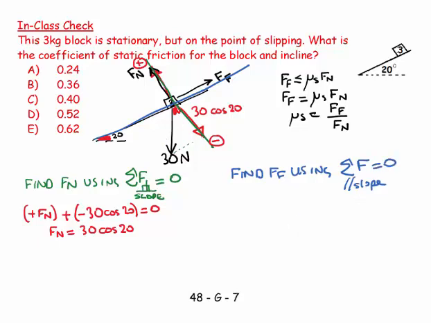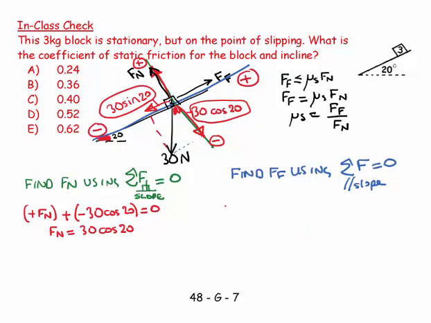Again, I'm going to draw my component in. My component is like that, and I say it's 30 sine 20. And make this the positive end if you like, and make this the negative end.